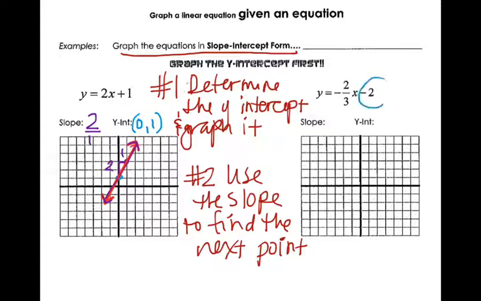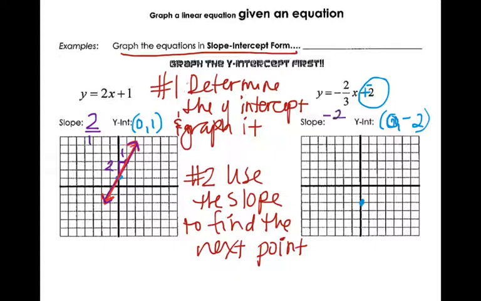My y-intercept is going to be -2. Remember, if I had added the opposite on this, I would end up with -2/3 x plus -2. So I'm going to plot -2. Now on your coordinate planes, if no numbers are marked, we can assume that your intervals are 1s, just so you know.